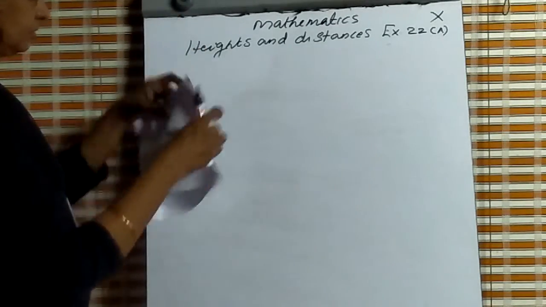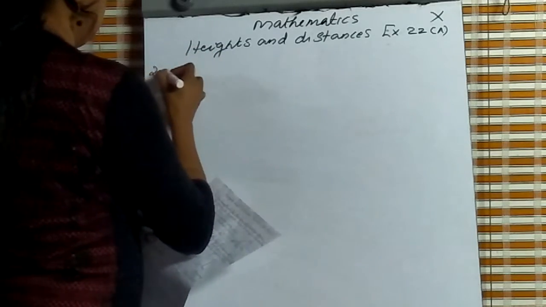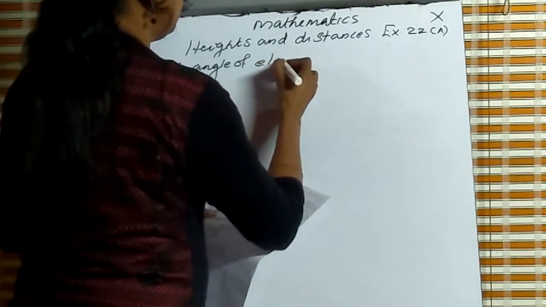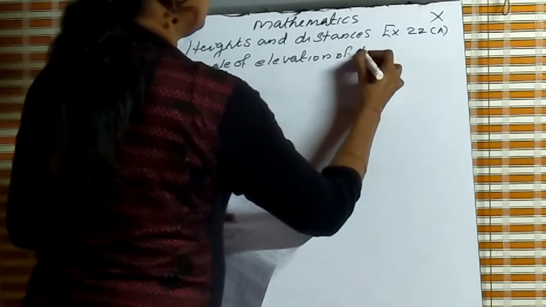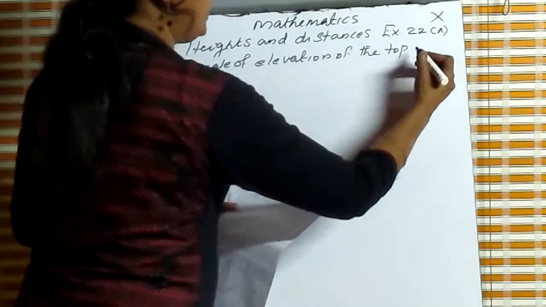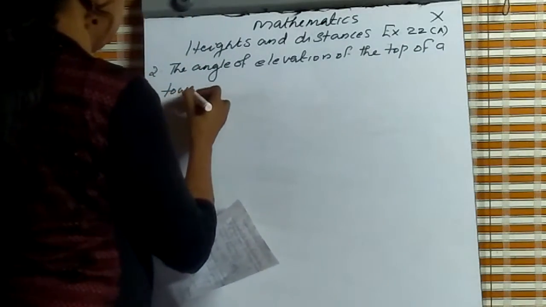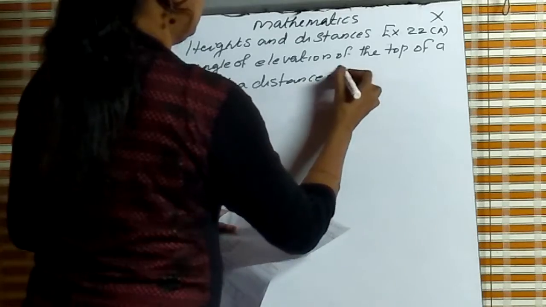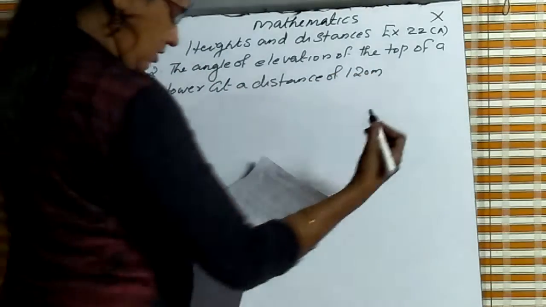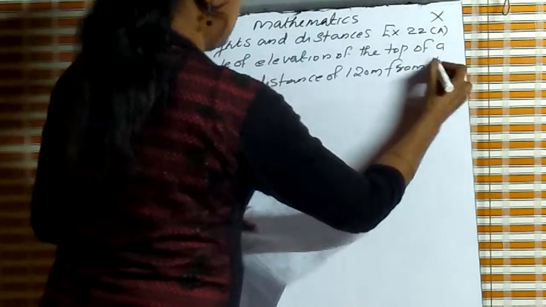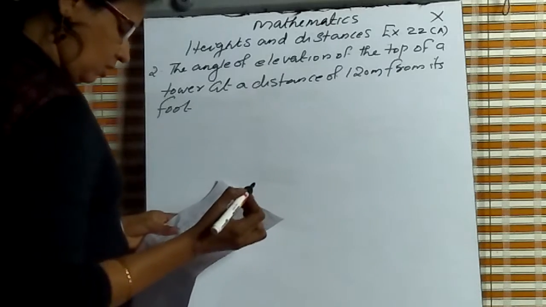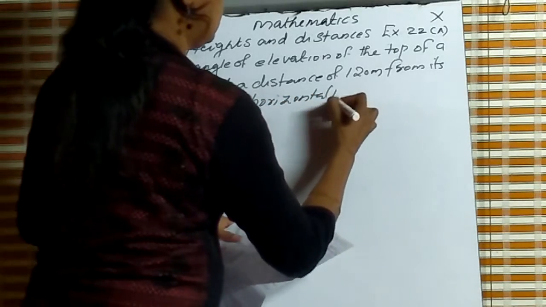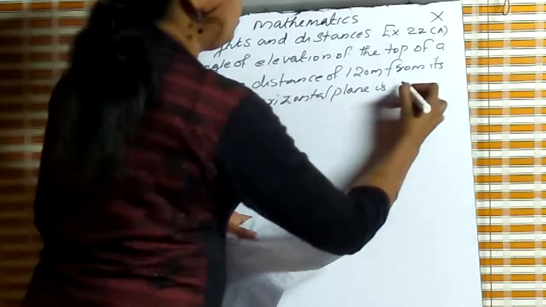Second question. The angle of elevation of the top of a tower at a distance of 120 meter from its foot on a horizontal plane is found to be 30 degree.